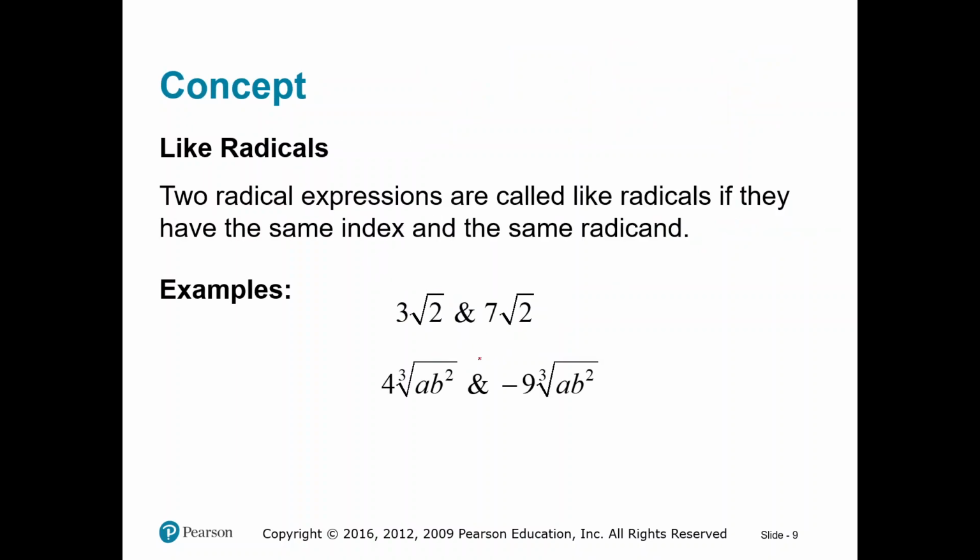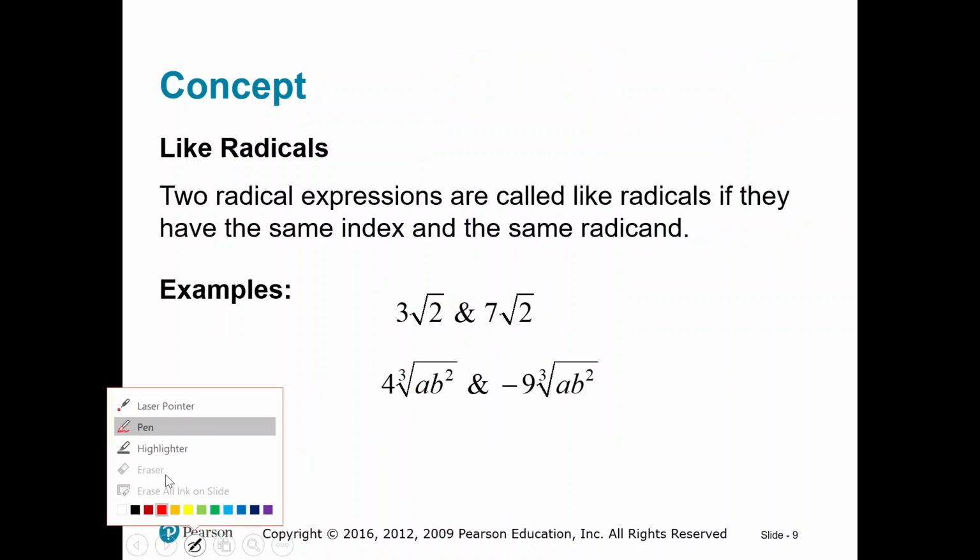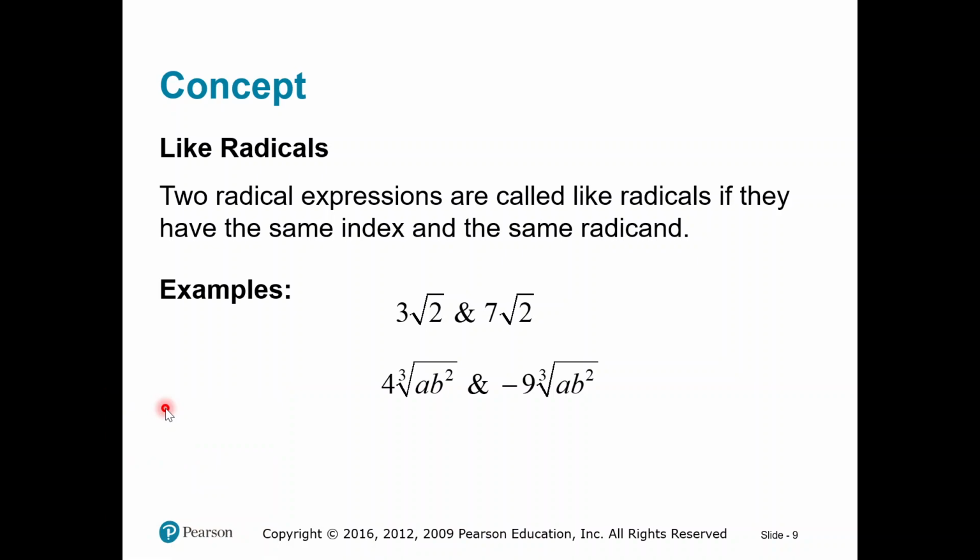Next, let's talk about like radicals. Actually they have the same index and the same radicand. So like this one, I have 3 square root of 2 and 7 square root of 2.